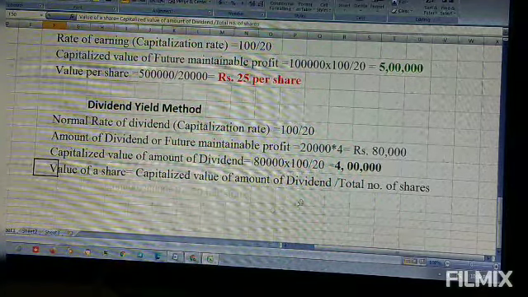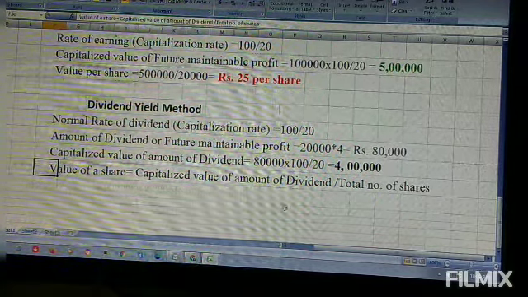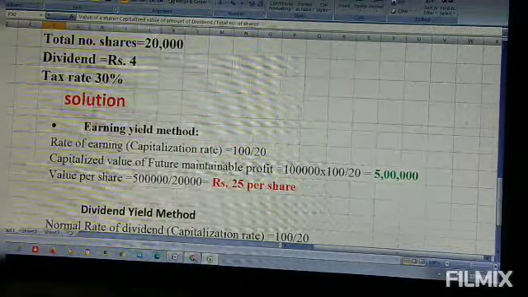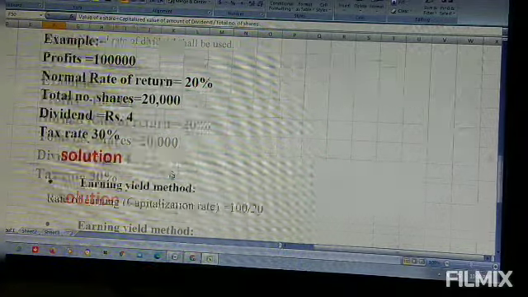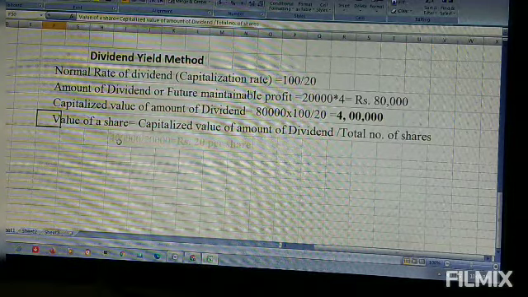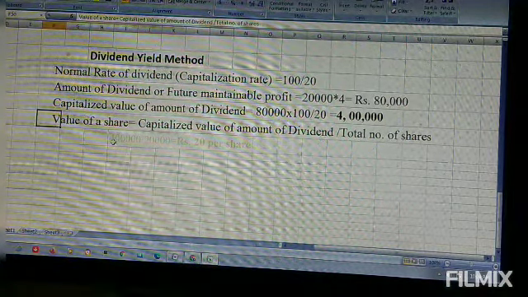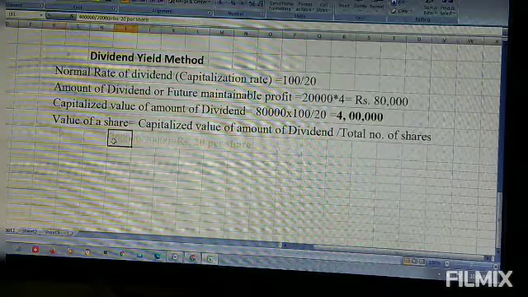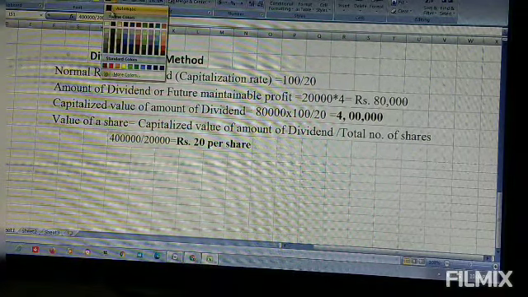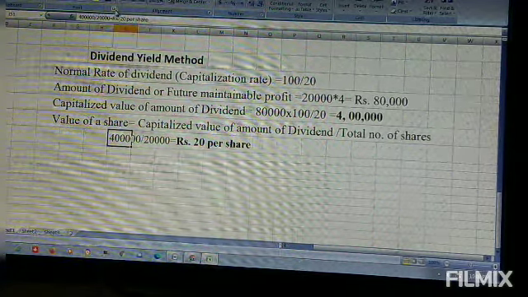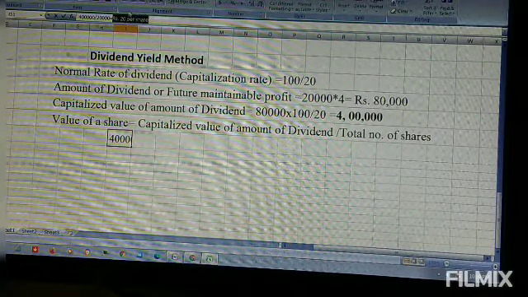Capitalized value of dividend is 4 lakh, divided by the number of shares, 20,000. So 4 lakh divided by 20,000 comes to rupees 20 per share. That is the capitalized value of shares. I hope you got it.